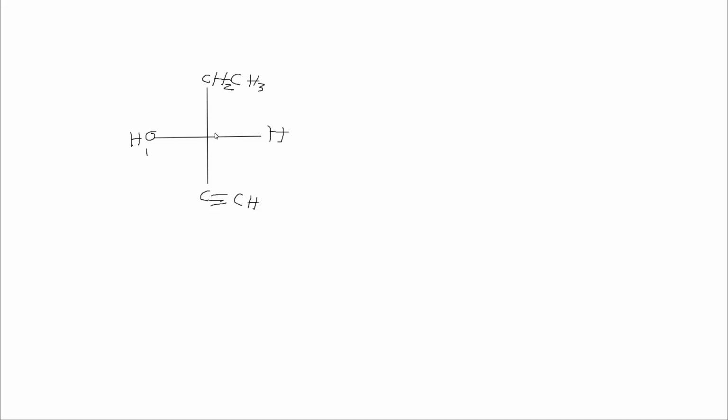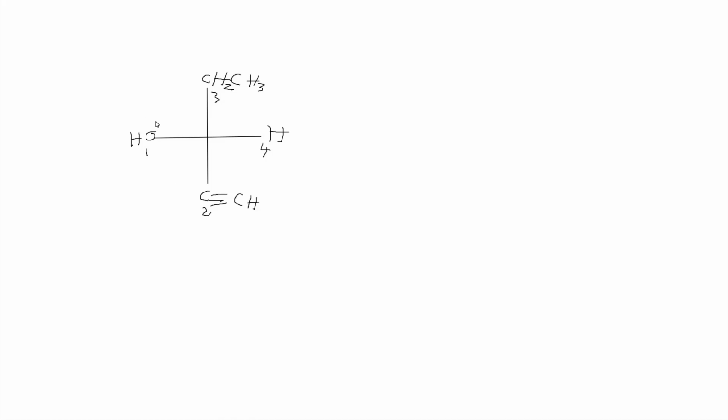Remember, you count triple bonds as each bond counted as a single bond. So this carbon is bonded to 3 other carbons, and this carbon is bonded to 2 hydrogens and a carbon. So this is going to be second priority, and this is third priority, and of course the hydrogen is fourth priority.